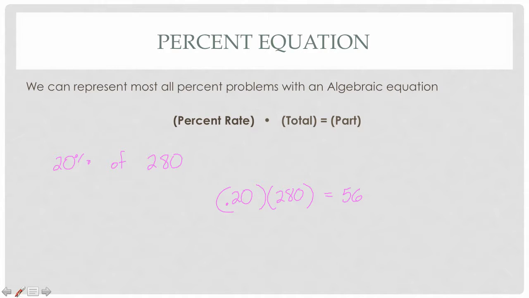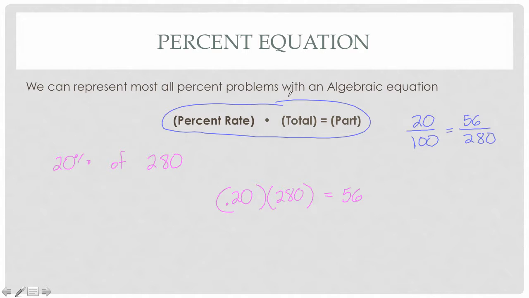Now you can compare this as a ratio too if you really love to use ratios. Basically we just said 20 out of 100 is equal to what out of 280. So we just solved this proportion problem and found out that it has to be 56. You can solve that out yourself if you want to check it. But there you go. You can use an algebraic equation to solve percent problems.